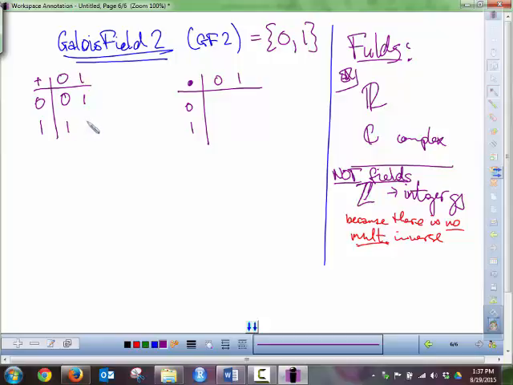1 or 0? 1 or 0, which one? 0 would probably make more sense. Why?